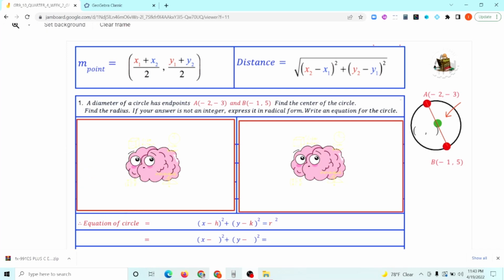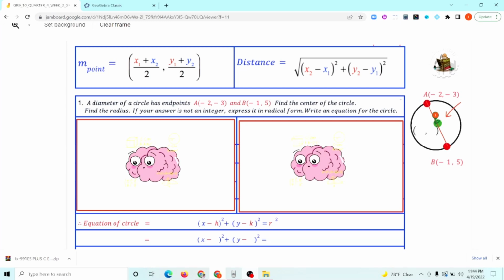So that's the first part. We drew a little circle and put our endpoints A and B on the circle, and we connected them with a straight line, and in the middle of that straight line, that's where the center is.